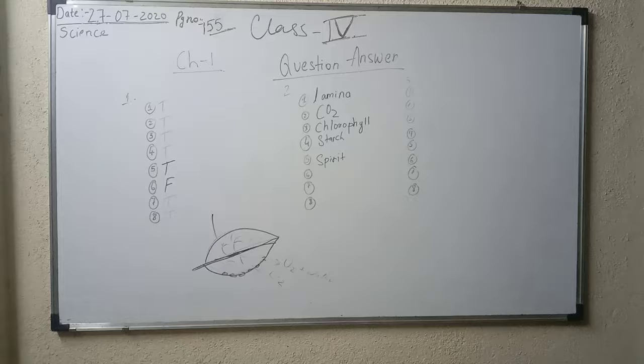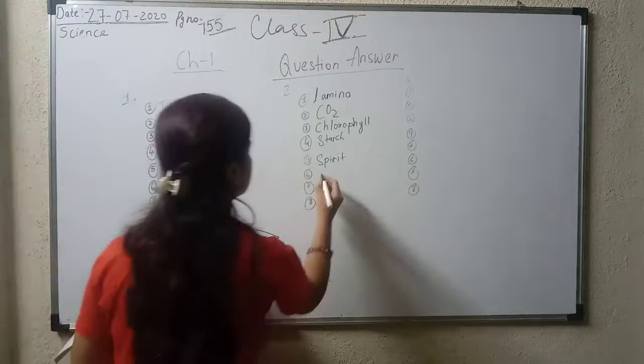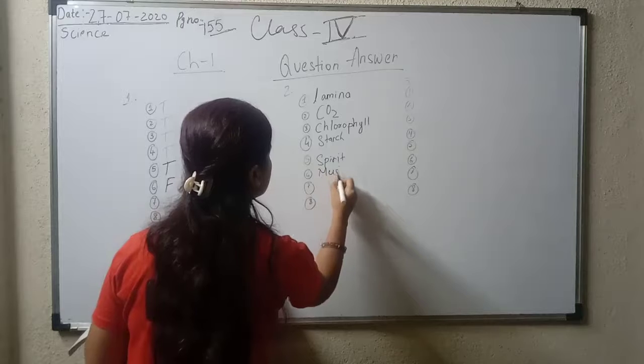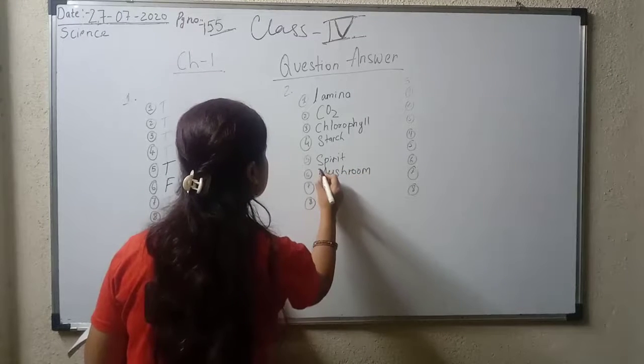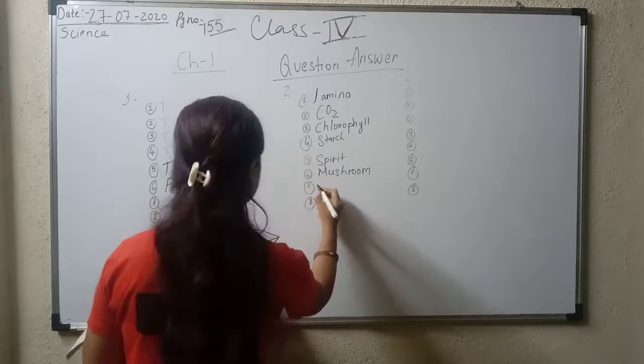On page number 152, the example of an insectivorous plant is given, Venus flytrap. So the 6th answer is mushroom, and the 7th answer is Venus flytrap.